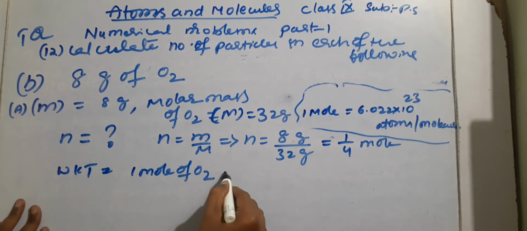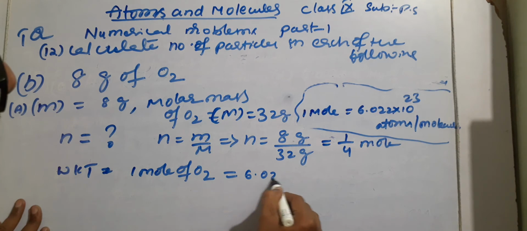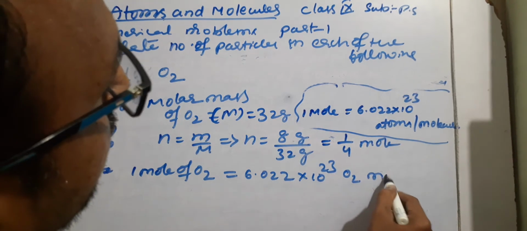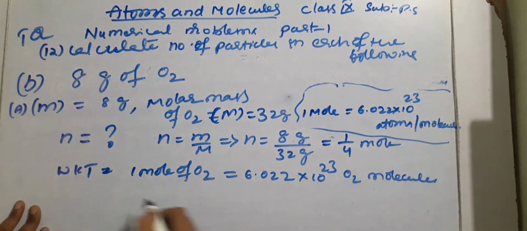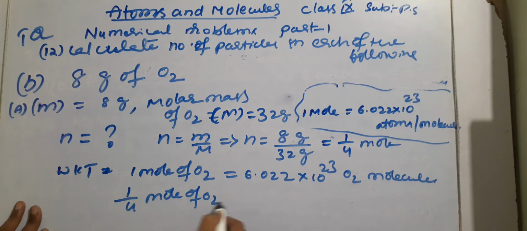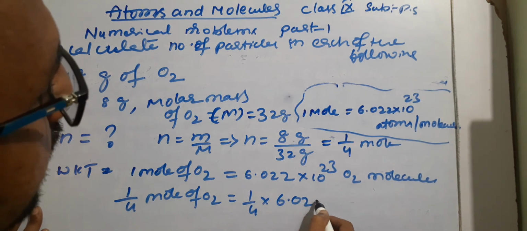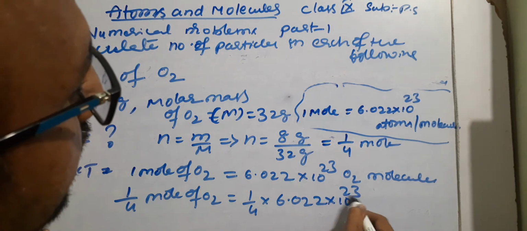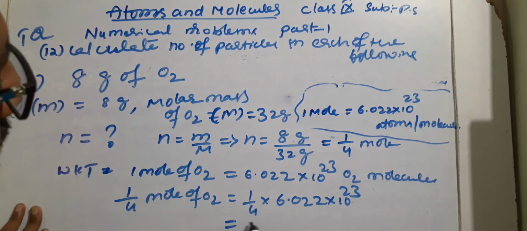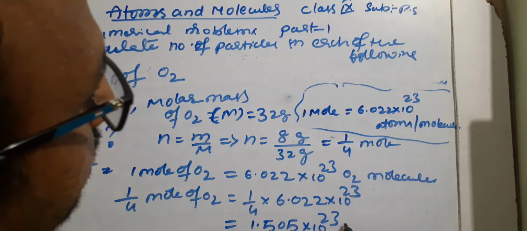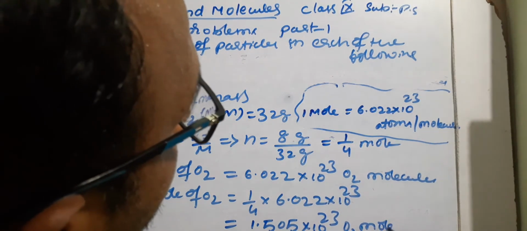So we know that 1 mole of O2 is equal to 6.022 into 10 power 23 O2 molecules. Then 1/4 mole of O2 is equal to 1 by 4 into 6.022 into 10 power 23, which is equal to 1.505 into 10 power 23 O2 molecules.